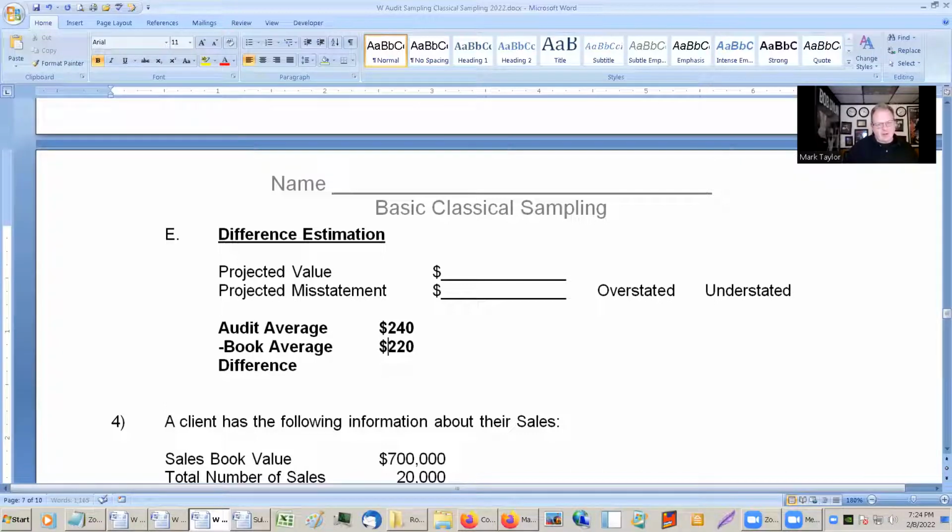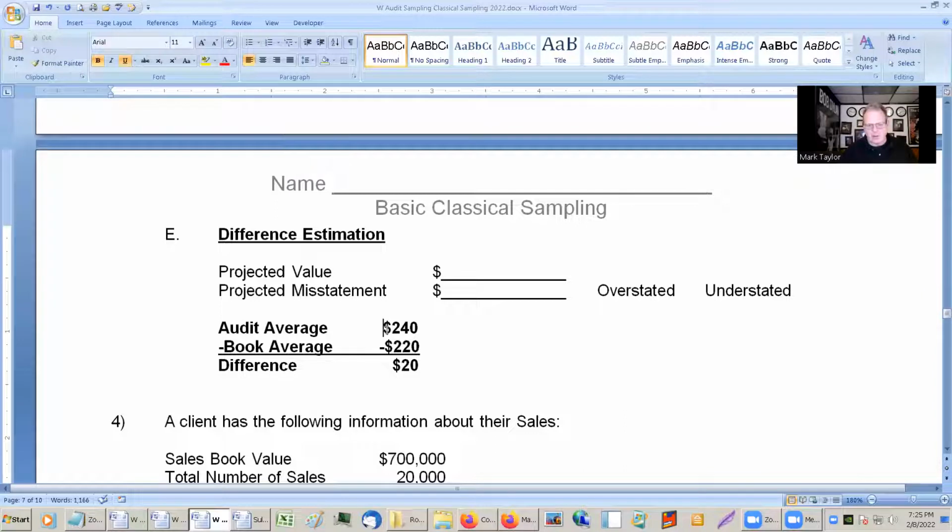And so this is a difference estimation one, and this one says that, look, the difference here is $20. Because the difference here is $20, we're saying that they have to add $20 onto each one, right?